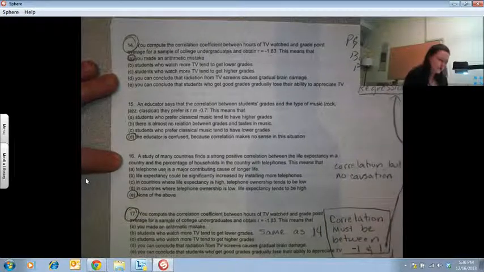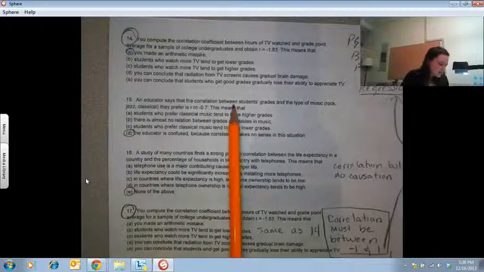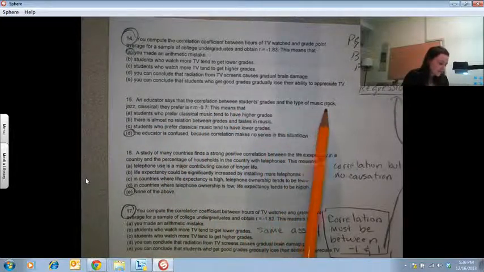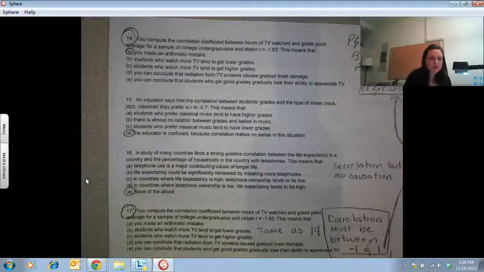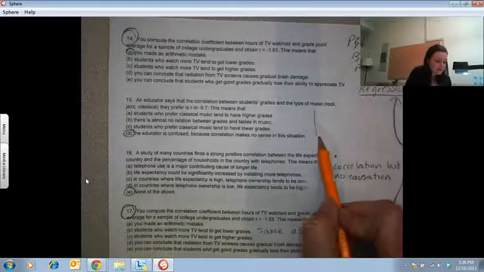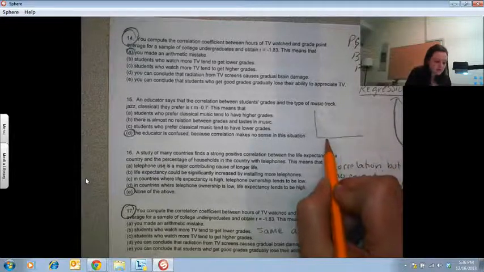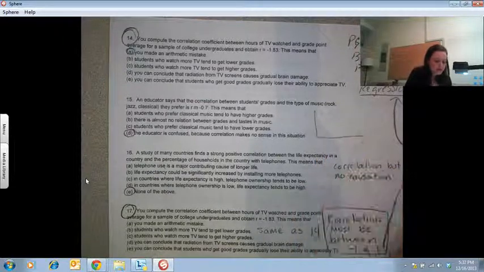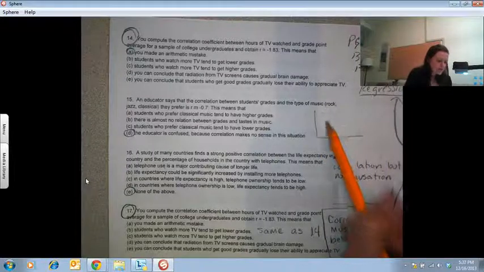Page 352, number 15. An educator says that the correlation between students' grades and the type of music they prefer, rock, jazz, classical, has a correlation coefficient of negative 0.7. Well, that just makes no sense because there's no number to make it negative or positive. You can't use a scatter plot with categorical data.